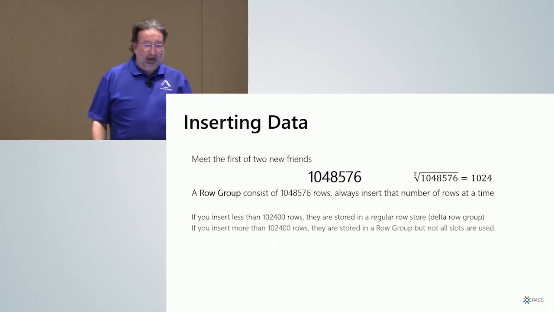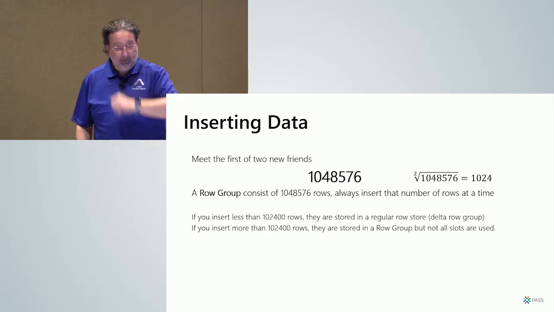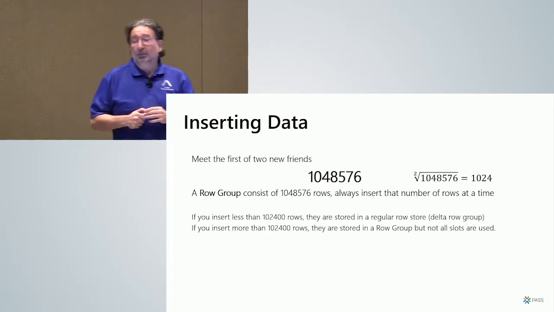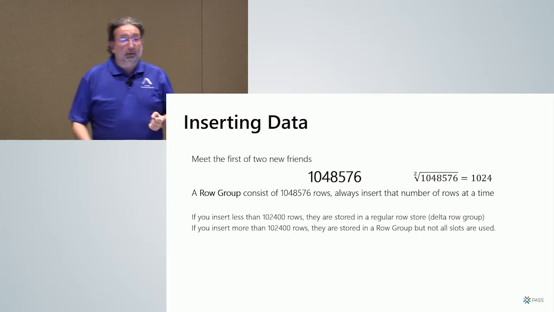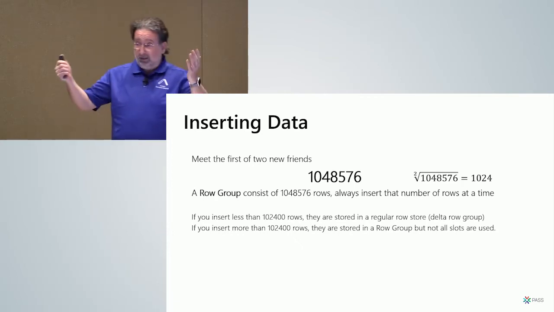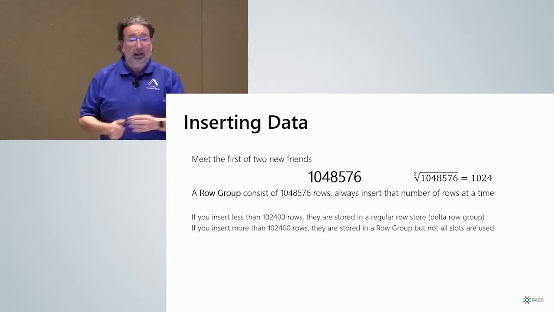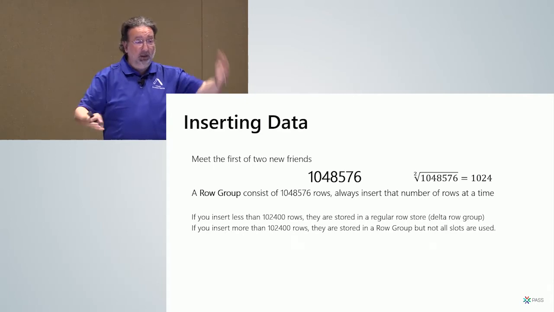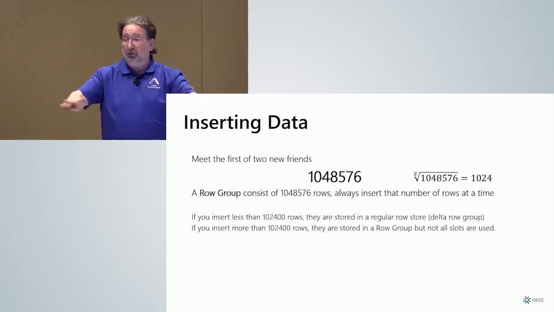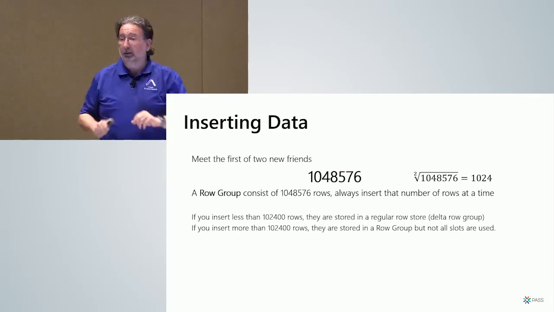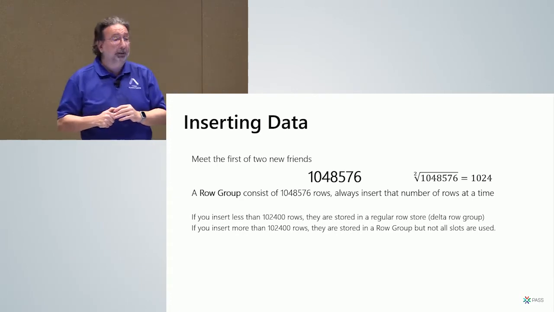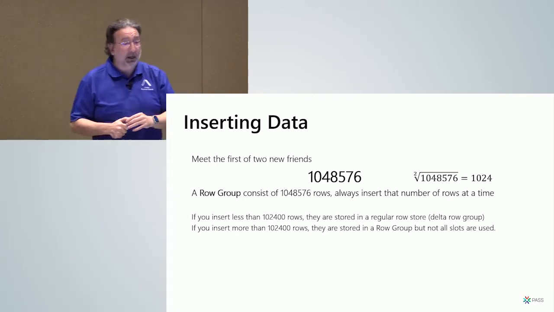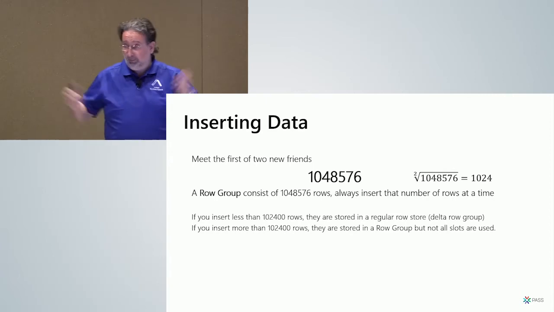Okay, so what happens if you insert more than these 100,000 rows? Then Columnstore says, yep, that's enough, that's worth compressing, so I'll take the number of whatever you inserted and compress it, and that's the next row group, and I put it into the database. And then you insert the next 100,000, and it says, yep, time for a new row group.